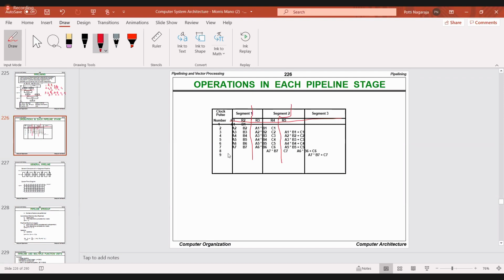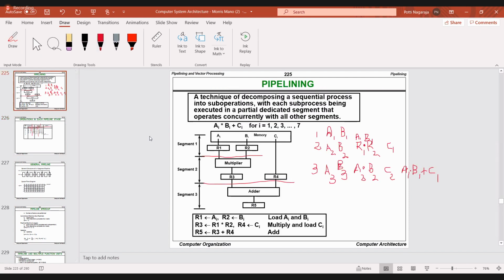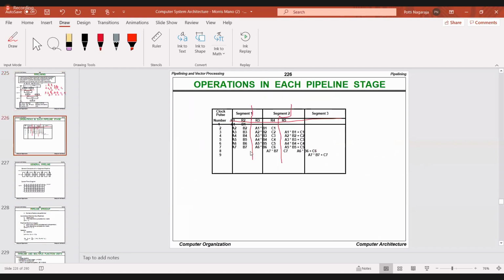Now eighth clock pulse, because it is up to 7 only, we will not get A8 B8. So R3 also will not get any value. Now what will he get here? A7 into B7, and then you will get C7, R4 is C7, then you are getting R5, A7 into B7 plus C7. Do all of you understand?